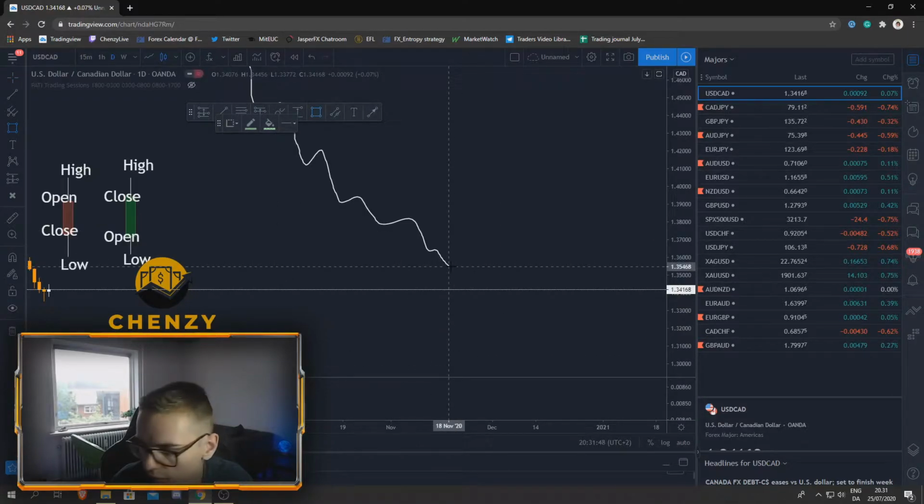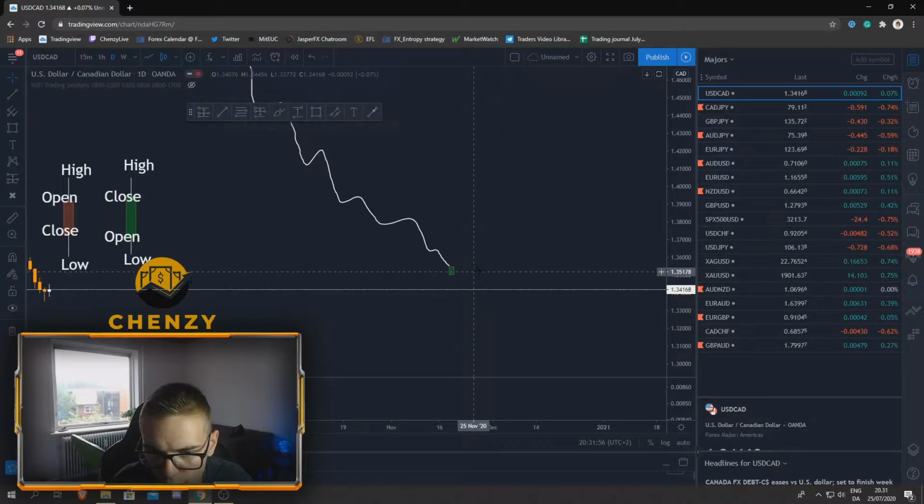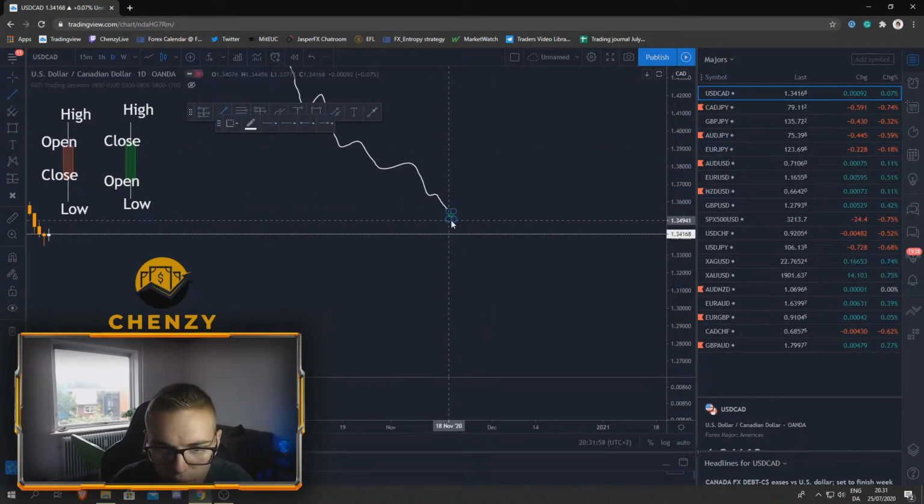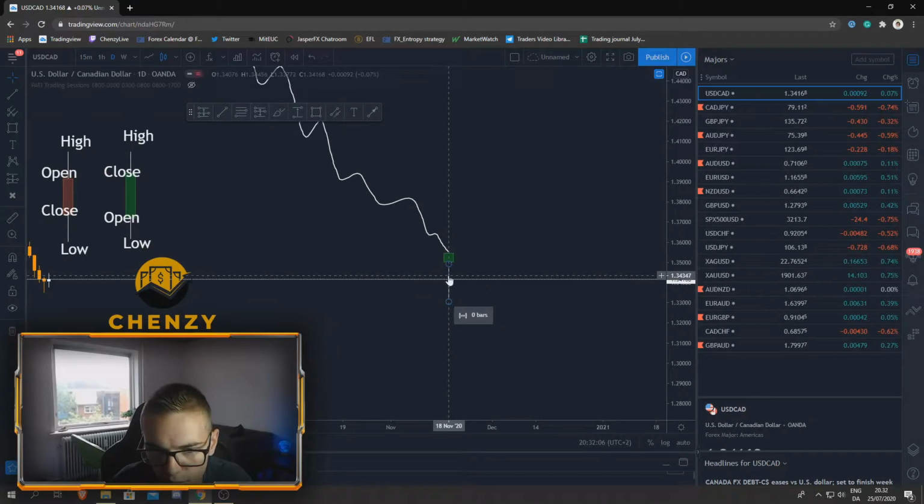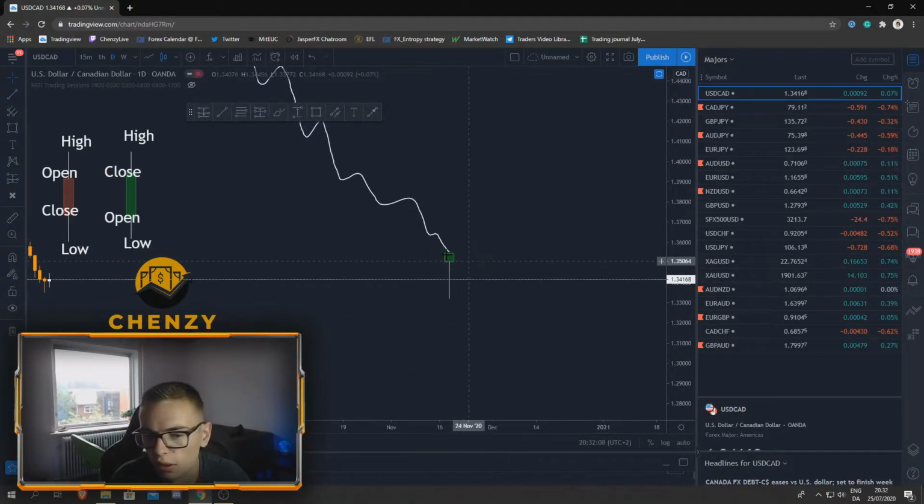we see a candle. Oops. We see this type of candlestick here. Okay. So this is a candlestick, right?